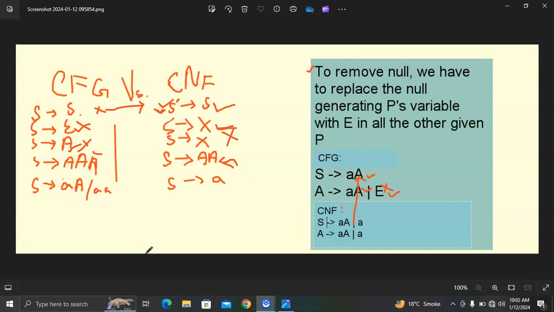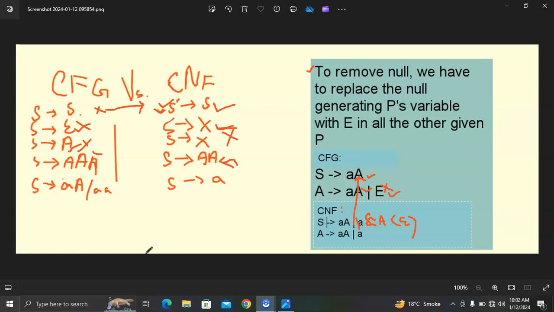But what we did, we added a bar, then after the bar we only wrote small a, and we didn't write capital A, which gives epsilon, because we have replaced it with epsilon and we do not have to write epsilon with a, because by default we know there is an epsilon but we don't have to write it.